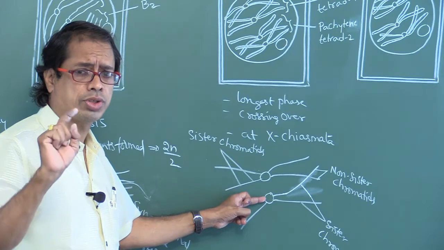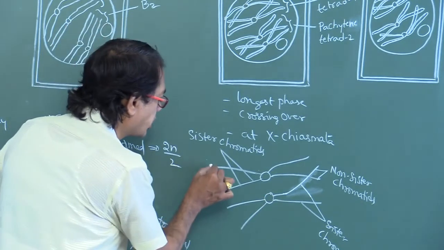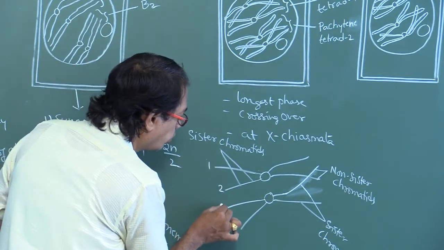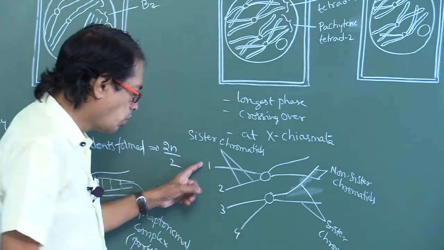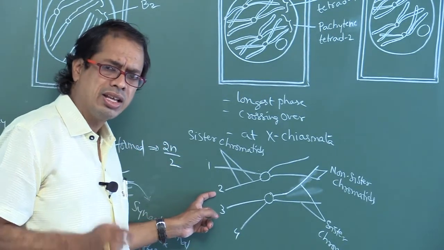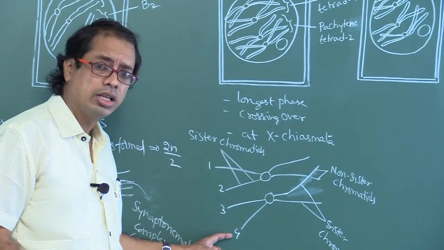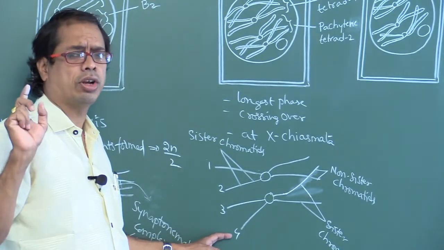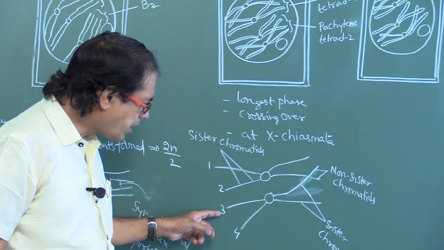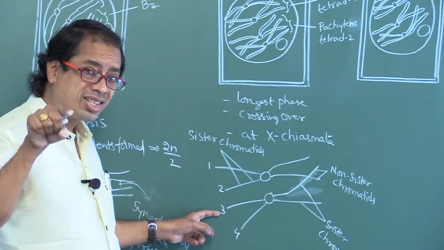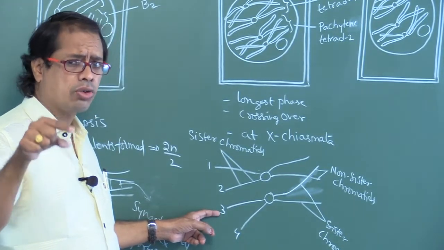So these two chromosomes are called homologous chromosomes. Let us suppose chromatids 1, 2, 3, 4. Chromatids 1 and 2 are sister chromatids, and 3 and 4 are sister chromatids only. Chromatids 1 and 3 are non-sister. Does crossing over occur?